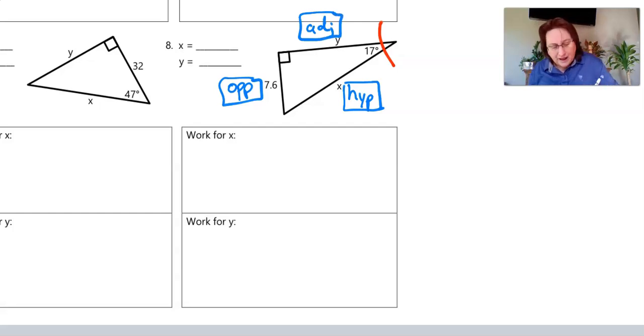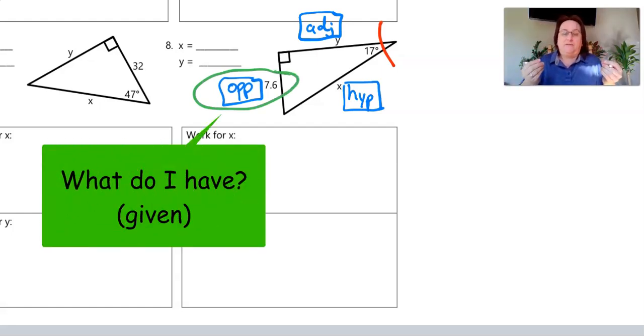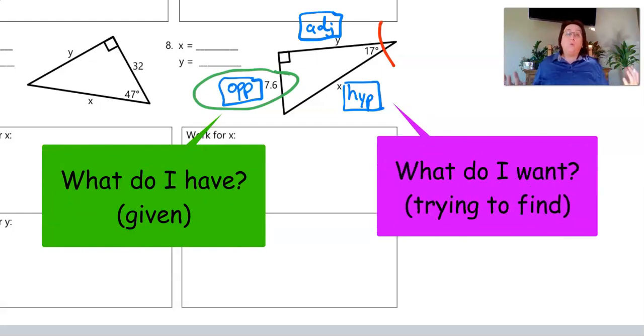How do we know what formula to use? How do we know which function to use? Hey guys, start with what you know. Start with the side length that you were given. You're going to ask yourself, what do I have? I have the opposite side. What do I want? In this case, I'm solving for x.